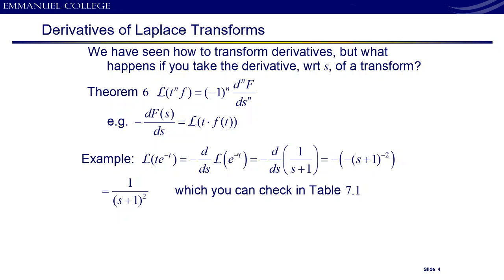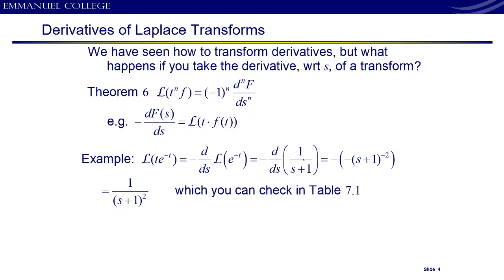For e to the negative t, we know already that this is going to be a shift of 1 in the Laplace transform of 1. And then we get that this derivative is negative, s plus 1 to the negative 2.